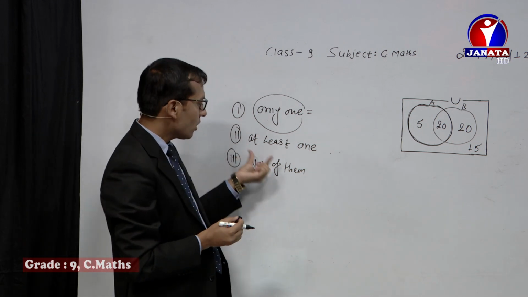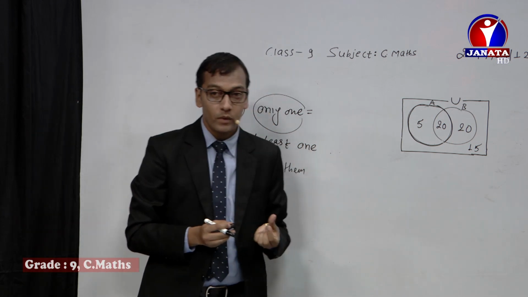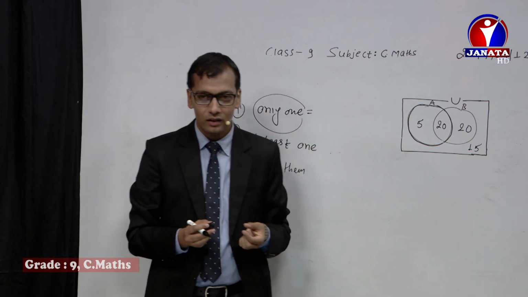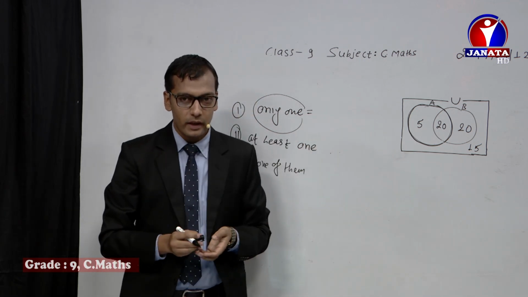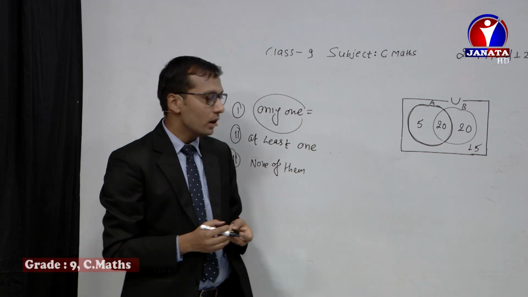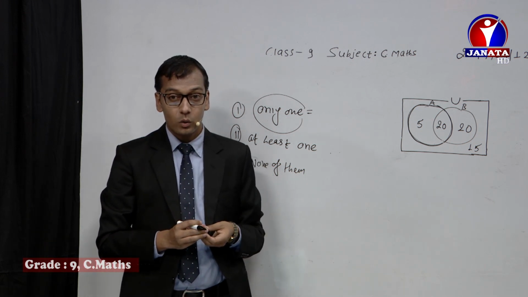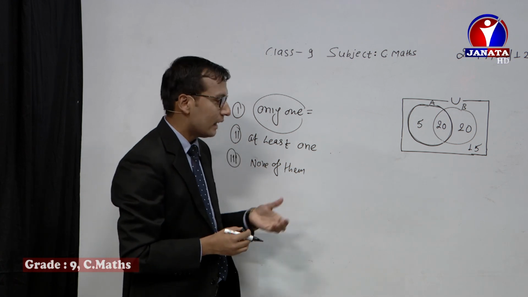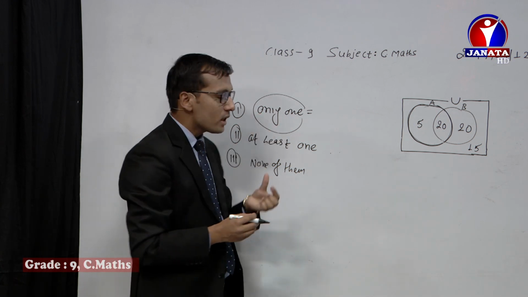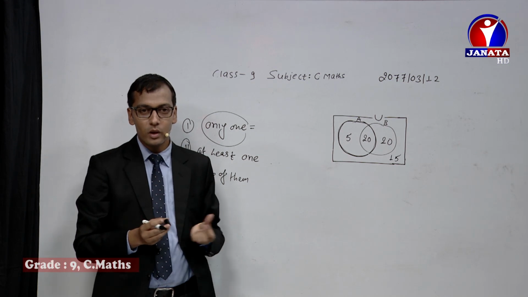Similarly, if A and B are two subjects, for example, if A and B denote the set of students who like two subjects, then how many students like only one subject?